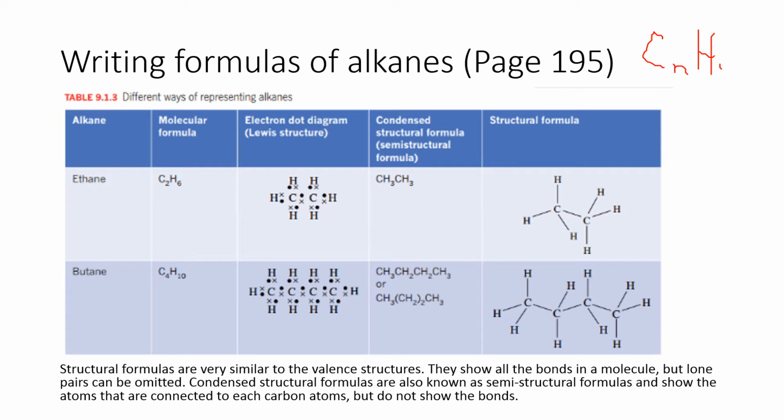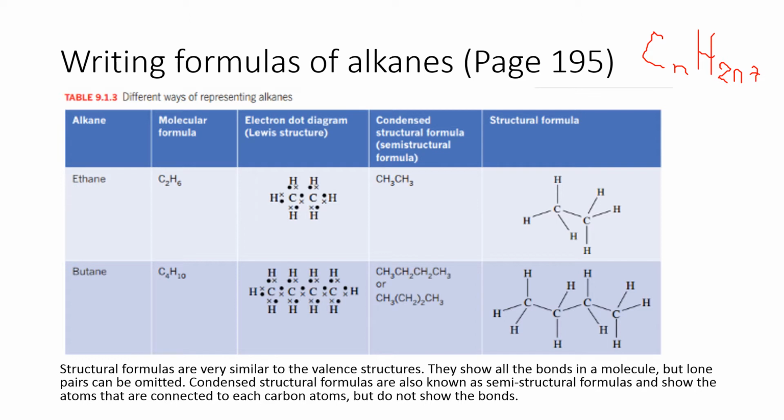So what does it mean? It means that if the total number of carbon is 1, the total number of hydrogen will be 2 times 1 plus 2, because the formula, once again, is CnH2n+2.